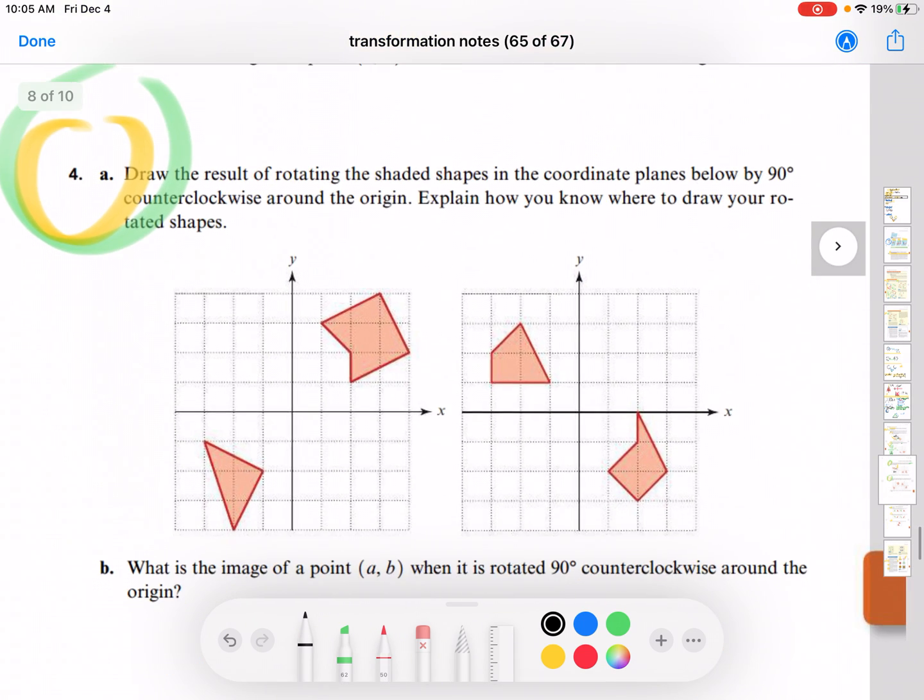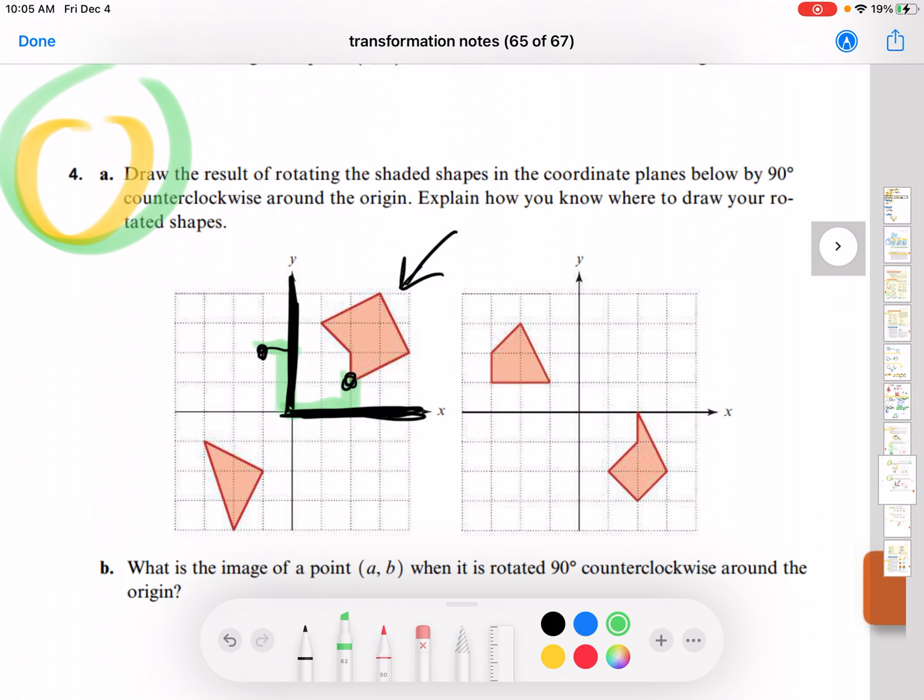Now, for a 90-degree rotation, we can do something similar. So let's take this shape and rotate it 90 degrees. Everything that isn't oriented to that line will now become oriented to this line. If this point was right 2, up 1, it would go up 2, left 1, right? So whatever is happening here should now happen here.